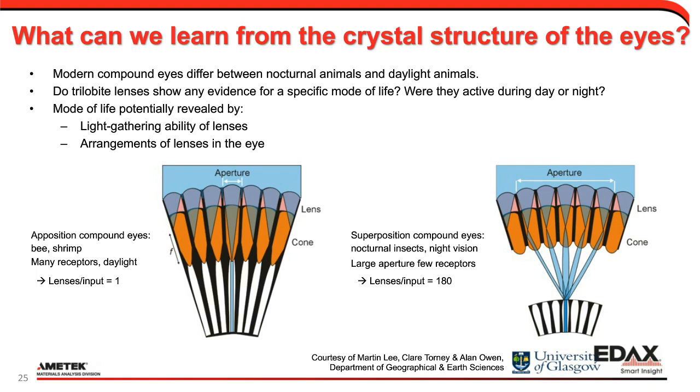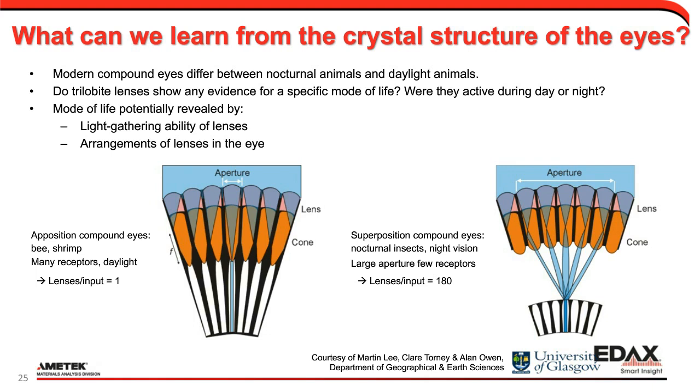If we have a daylight organism, then gathering sufficient light is usually not as much of an issue, so you're not optimized to gather as much light as possible. But a nocturnal creature wants to gather as much light as possible from low light situations and focus that available light onto the lenses. So we have different arrangements between the opening of the eye and the direction onto the lenses.